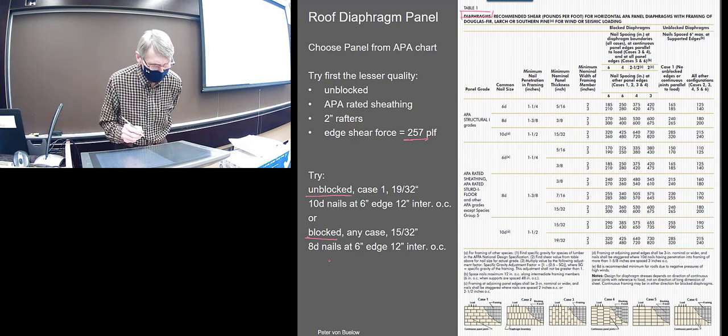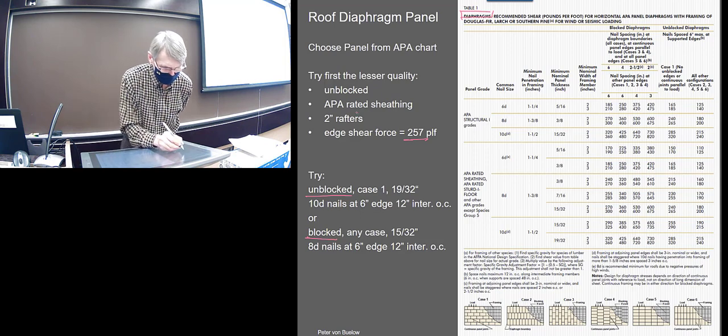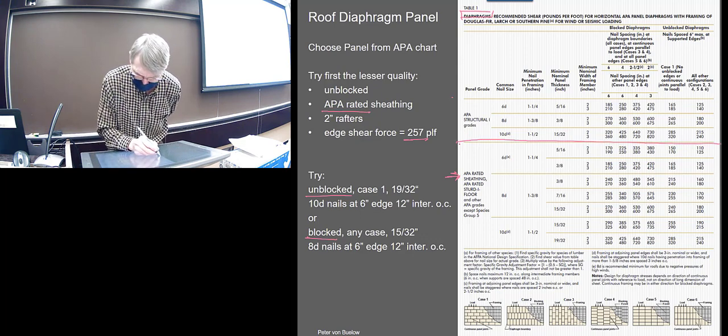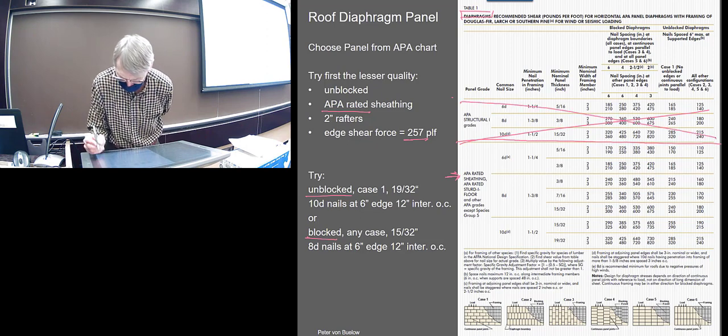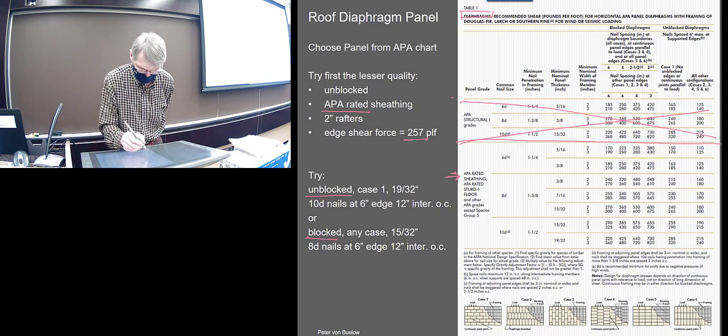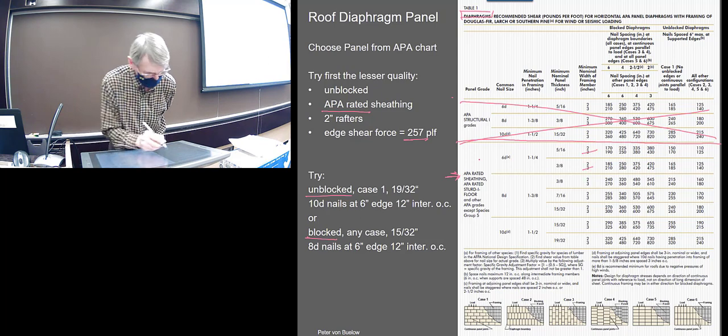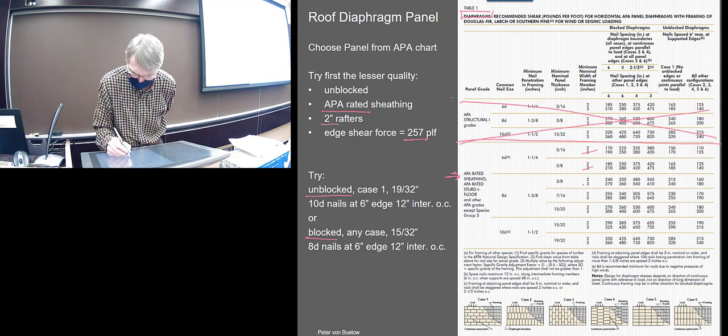Okay, so if I had a choice, I am using APA rated sheathing, and I think all the ones online do too, so I would get rid of these. I'm not going to use those, and that leaves the rest of them here. I'm also not using the 3-inch, right? This is going to be 2-inch rafters, so don't worry about the 3-inch.